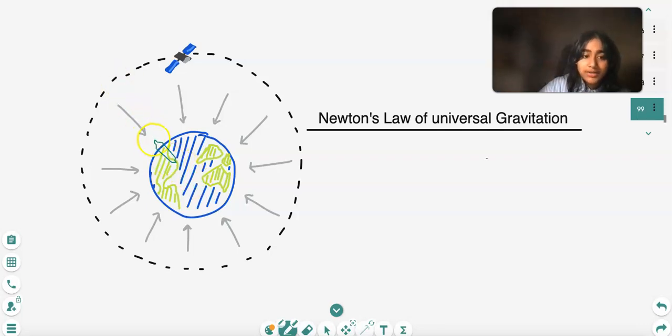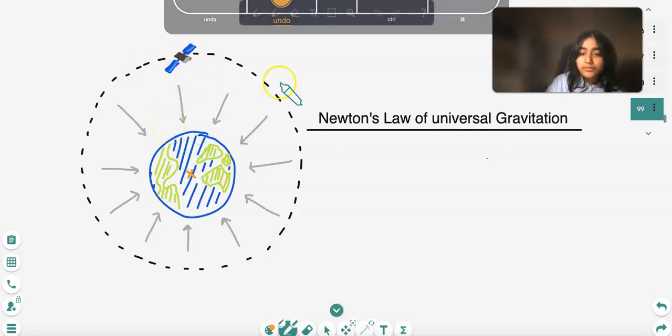When we're talking about gravitational fields, we always assume that the source of the gravitational force is the center of the Earth in all of the mathematics and in all of the equations, and everything is being pulled towards this central point.